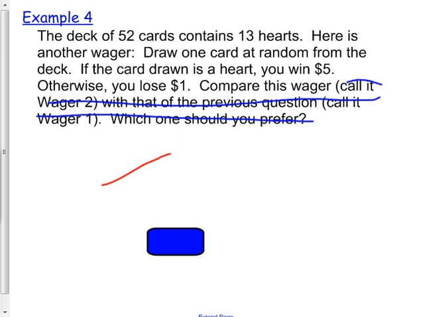I'll get you started. You're either going to get a heart or you're not going to get a heart. It's like a tree diagram, except it's very simple.